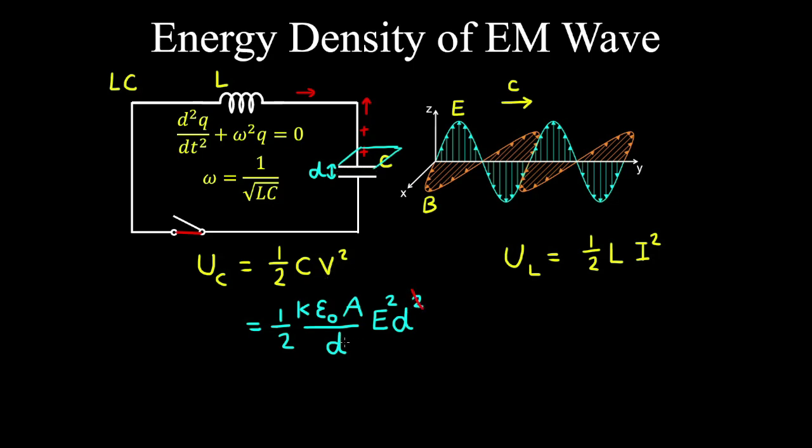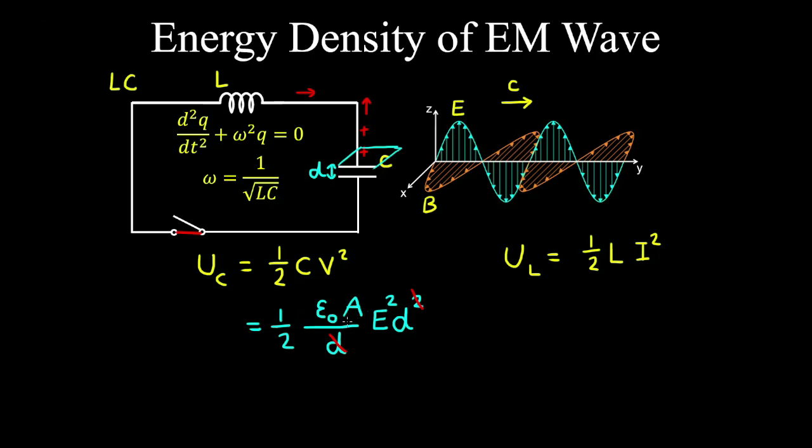So if we cancel out one of the d's and take the case where there's no dielectric between the parallel plates of the capacitor, as an EM wave propagates through air, which is basically treated as free space, then the dielectric constant is taken as 1.